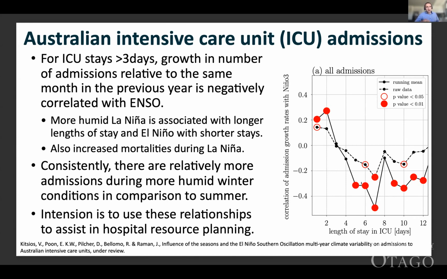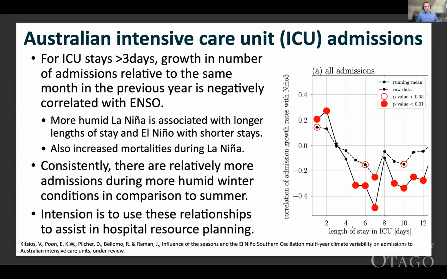So what that means, and it's statistically significantly so, to like a less than 0.01 p-value, is that La Nina events are associated with longer lengths of stay. And for stays that are less than 3 days, they're positively correlated with a Nino index. And a positive value of that index means it's an El Nino event. So shorter lengths of stay associated with El Nino, longer lengths of stay associated with La Nina.